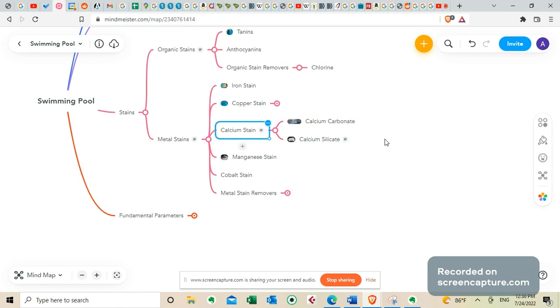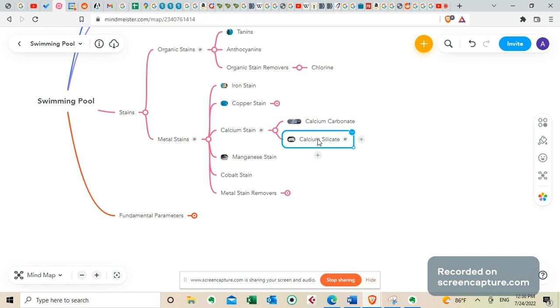Oh, well, calcium is introduced into your pool because it's a natural constituent of concrete. A lot of times in a new pool, I just had a customer recently. He has calcium silicate in his pool. It's a brand new pool, he just had it installed. When the builders built it, they used calcium silicate as an additive for concrete, apparently.